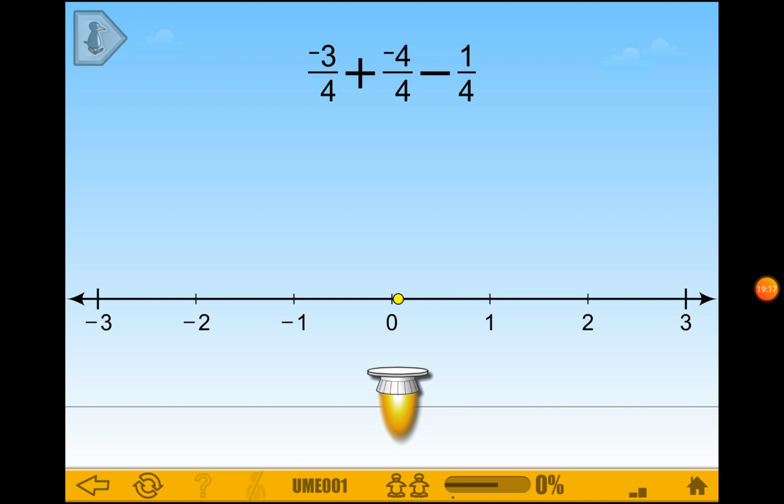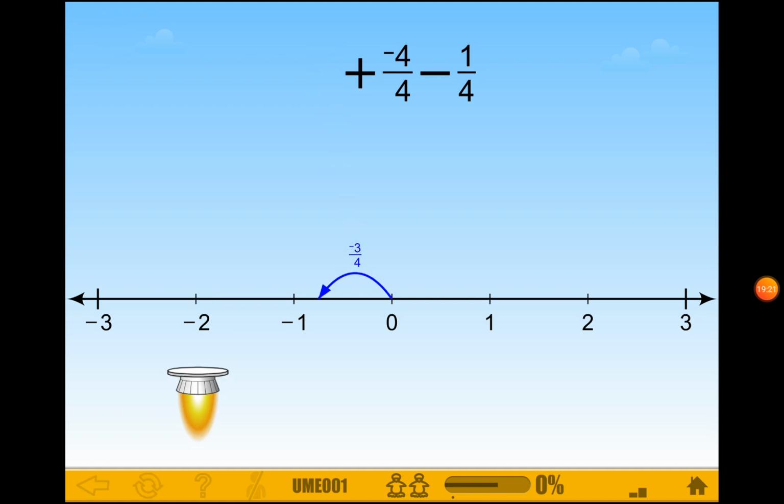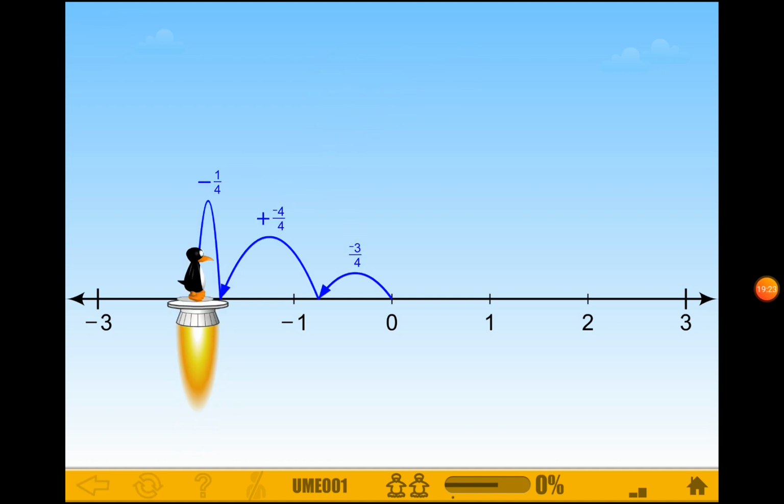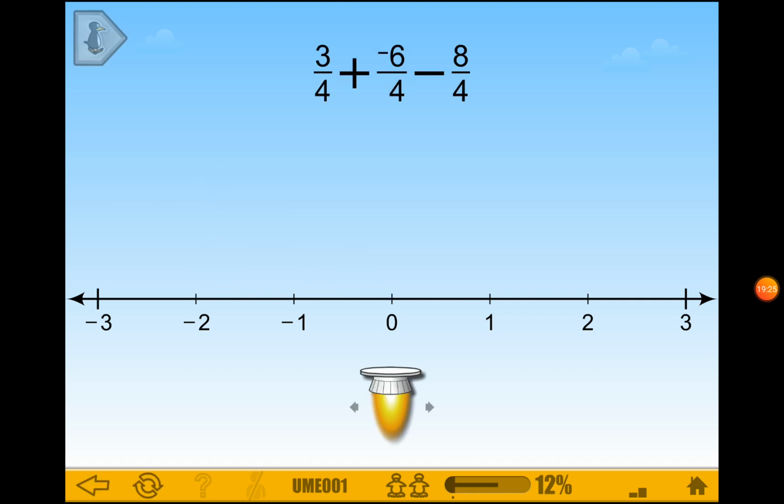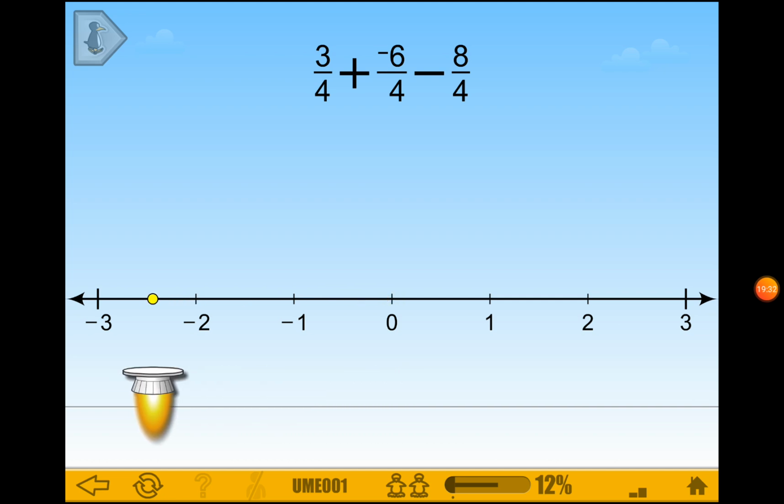Okay. So -7/4, -8/4. So this is just -2. Boom. Boom. So, okay, 3 minus 6 is -3, -3 minus 8, -11/4, which is right here.